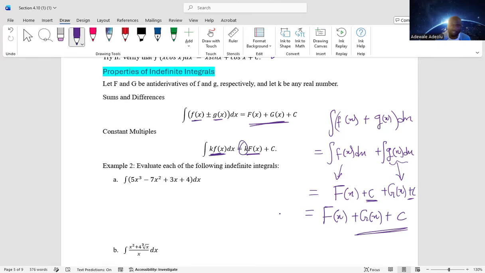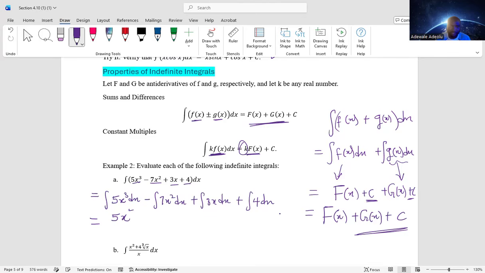Let us take a look at an example. This is the integral of 5x cubed minus 7x squared plus 3x plus 4. The rule we just learned says we can take the antiderivative of each of them: the integral of 5x cubed dx minus the integral of 7x squared dx plus the integral of 3x dx plus the integral of 4 dx. We can use the power rule since it is a power function in each case.